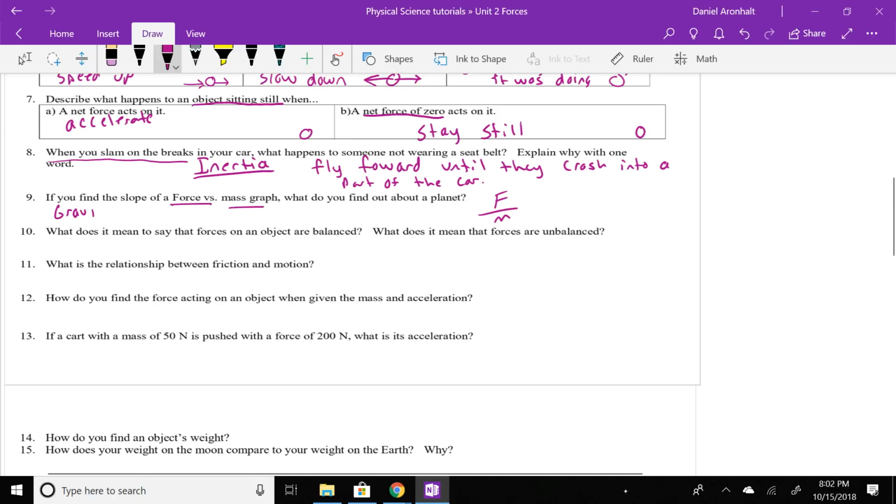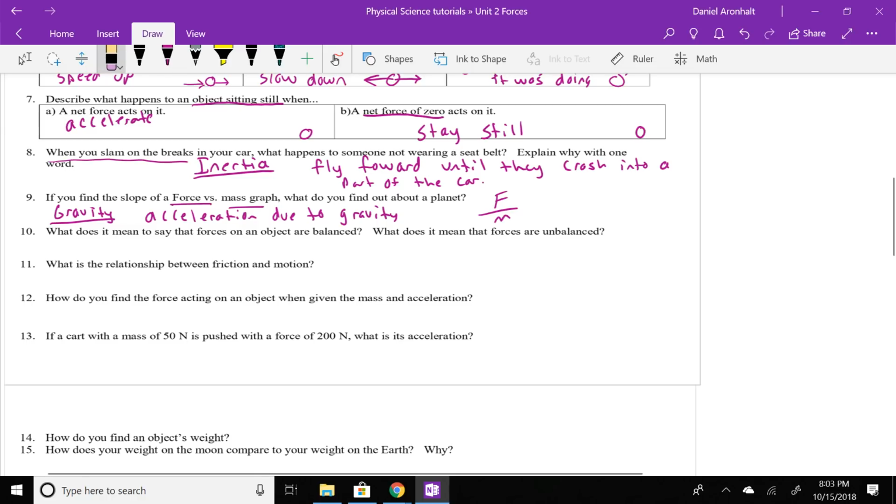Now, this is where I need to explain some things. The other term for gravity is acceleration due to gravity. Let's go back and look at that algebra triangle, and this is a good time to discuss it.